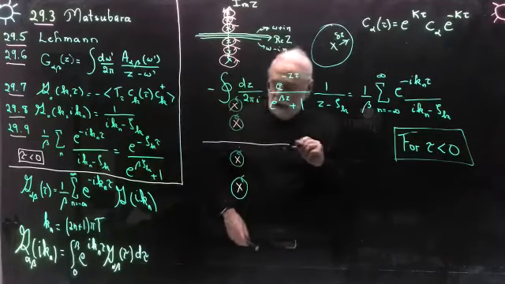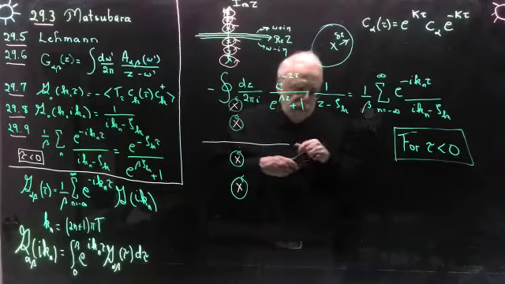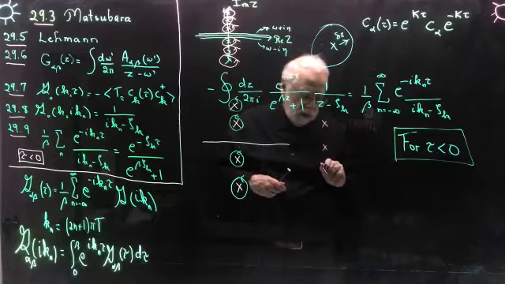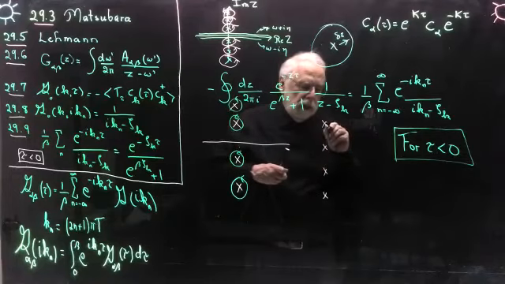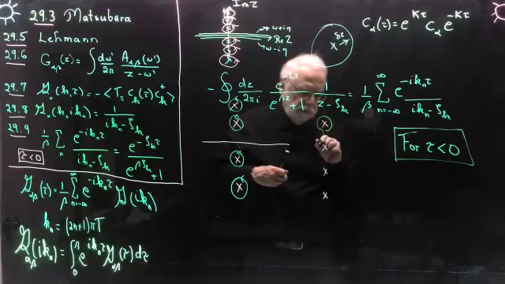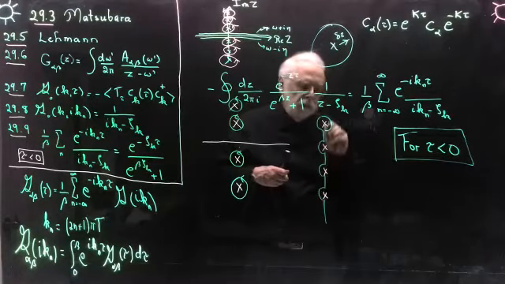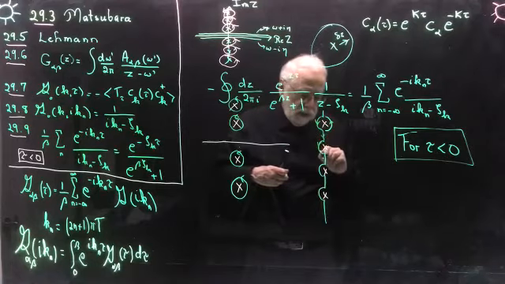Okay. Now, instead, what I can do is I can do this. So I have this, and I can do this. So this goes like this, goes like that, this goes like that, okay?